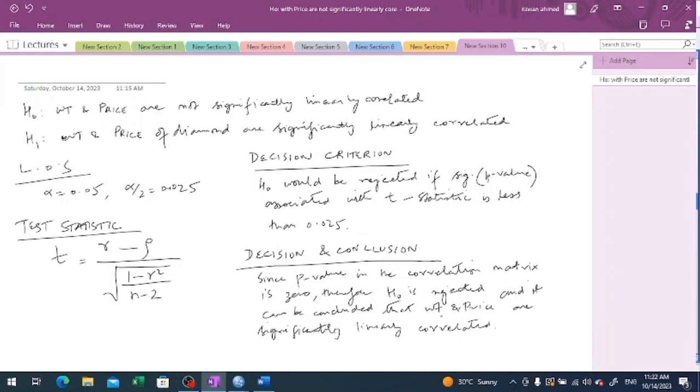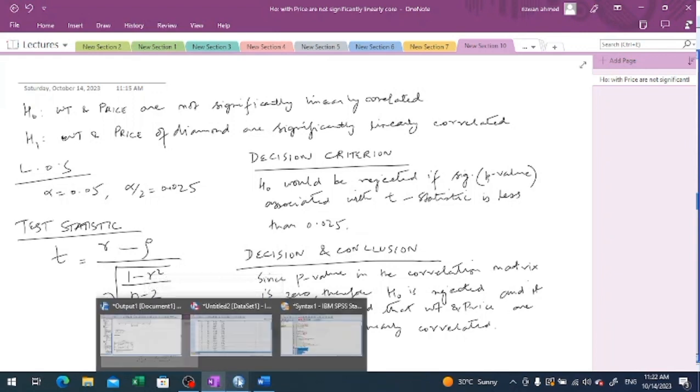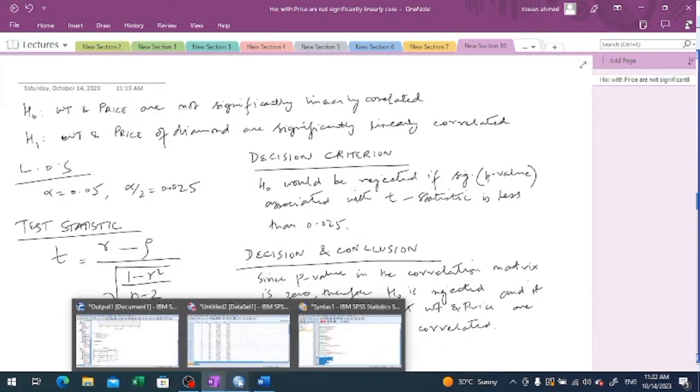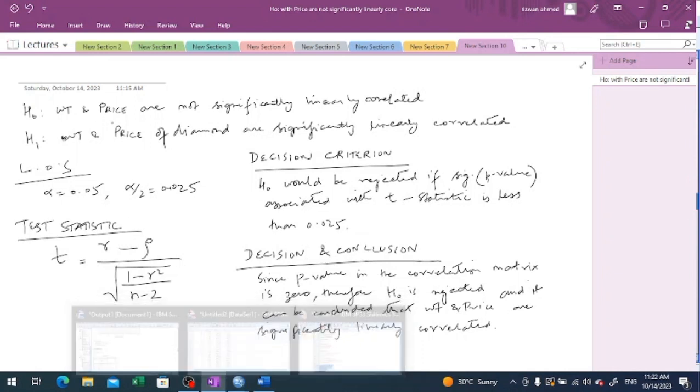One more thing I would want to discuss here, because if you look at the output, as far as stating H0 and H1 is concerned, we did not mention the nature of relationship between these two variables, weight and price. So in terms of nature of relationship, whether it is positive or negative, this statement is not specified.